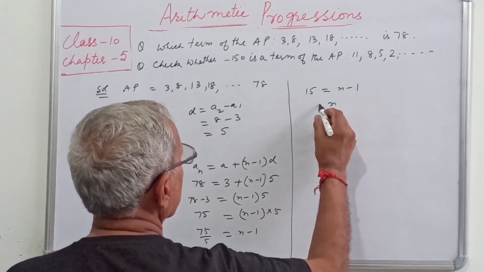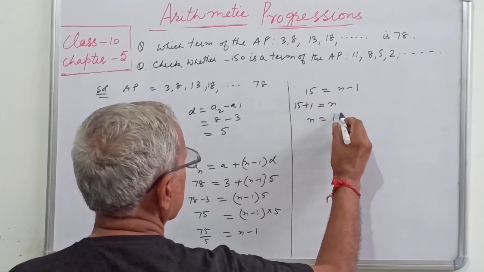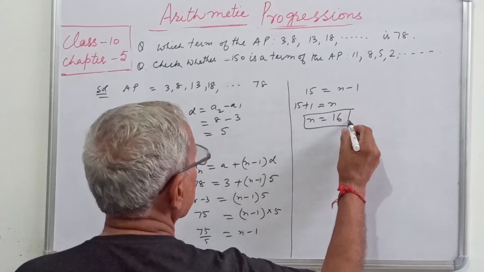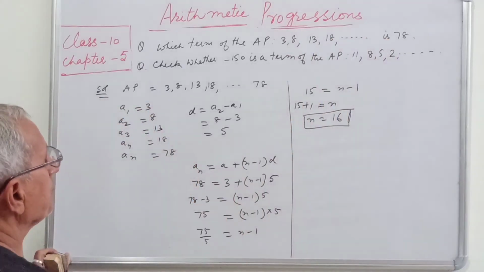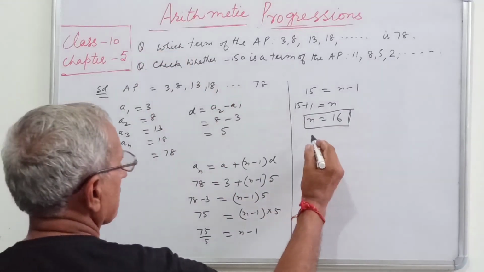So value of n will be 15 plus 1, that is n is equal to 16. So 78 is the 16th term. The answer for this question is 16.